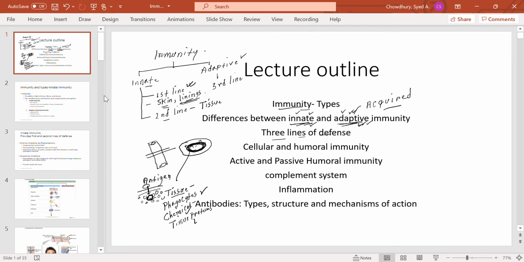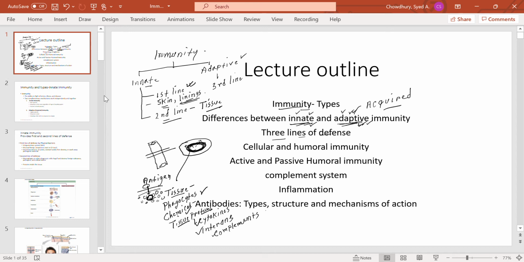That includes cytokines, interferons, these are the chemicals, okay, and complements, these are the proteins, tissue proteins, and they would try to destroy the antigens. So all these belong to the second line of defense.